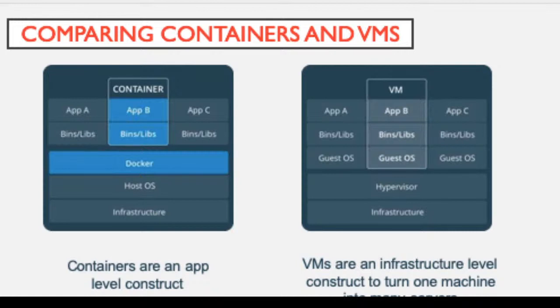By looking at this diagram, it is very clear that a container makes use of Docker built above the host operating system, whereas a virtual machine, which is built on a hypervisor, also makes use of the guest OS.